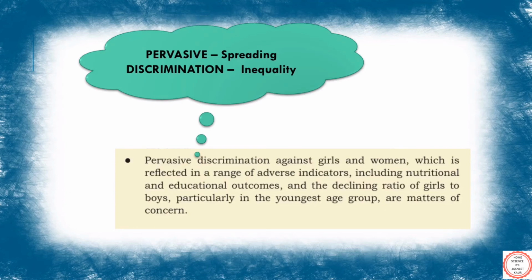Here we can take the example that still in our country at many places discrimination takes place in many forms. Like girls will be asked to stay at home while boys will go to school. Another example is boys will be given an extra amount of food or milk because it is considered that they will go out and do physical activities, so they need more nutrients.